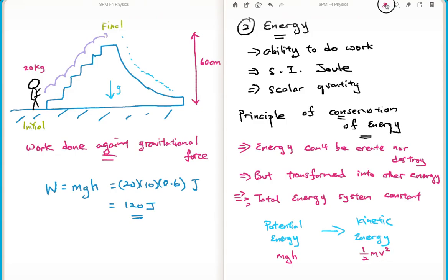When the question doesn't give you velocity, you need to relate to the previous video in the same chapter, where we have v squared equals u squared plus 2as. You need to make use of that equation. Most of the time you need to use this equation, but maybe it's not restricted to it. If it doesn't give you the speed, you need to look for the speed.